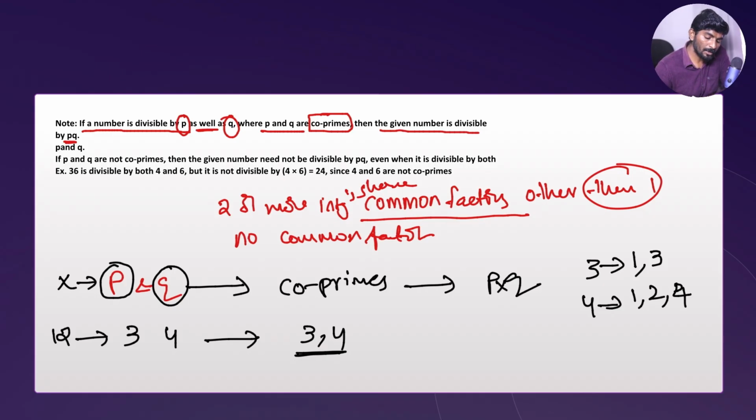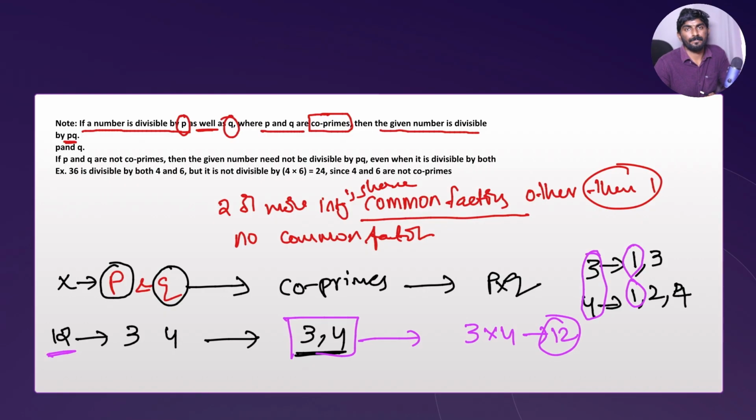But how many are common? Only 1 is common. So these both are co-primes. So if these two numbers are co-primes, then the number is also divisible by 3 into 4, that is 12. This is the formula.